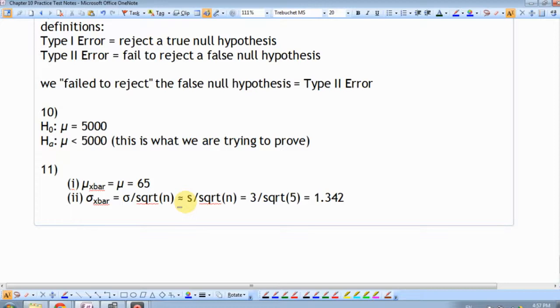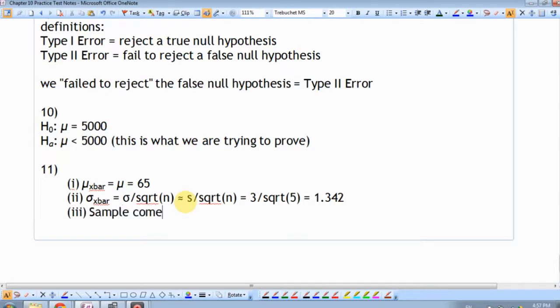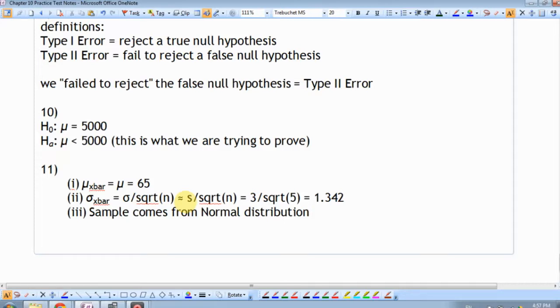Okay, so I think we're good to go here. We can't really do 3, but no, we can. Sample comes from a normal distribution. Use of normal procedures.